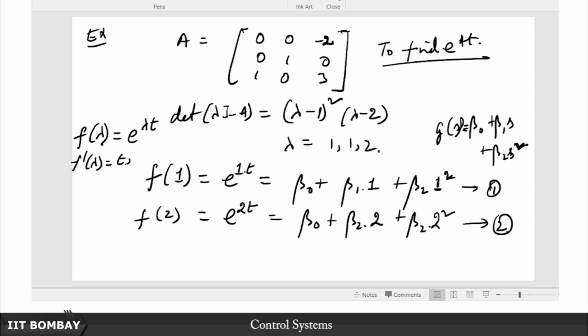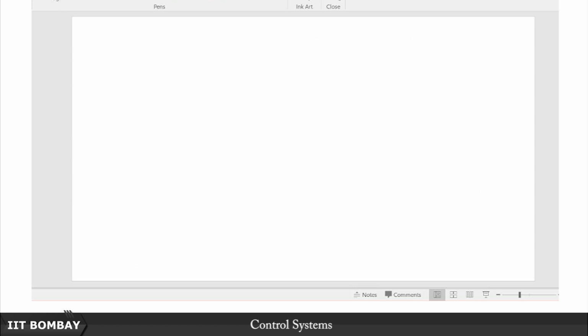That is t e to the lambda t. So I write f dashed evaluated at 1 is going to be t e to the power 1 times t. See, this t is appearing because of this differentiation. But the right hand side also I must differentiate. So f dashed must be equal to g dashed. Remember, this is very crucial.